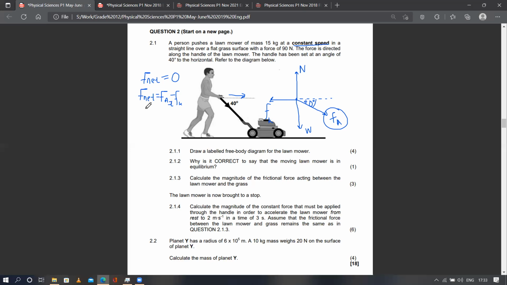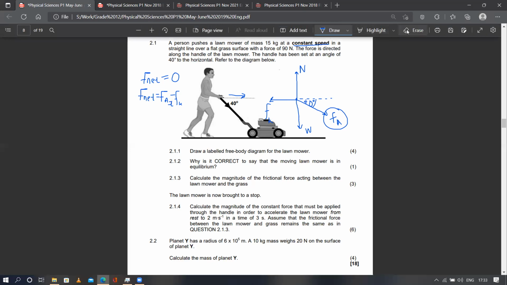So since F net is going to be 0, I can say that the force applied on the horizontal is equal to the kinetic friction, because you just take this, move it to this side, and you'll no longer have it here.